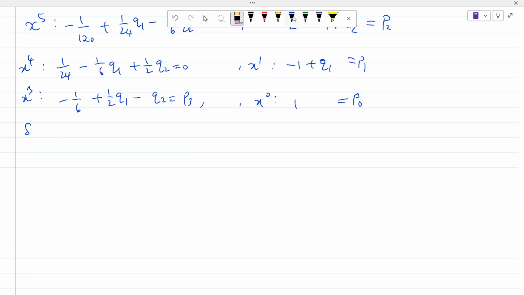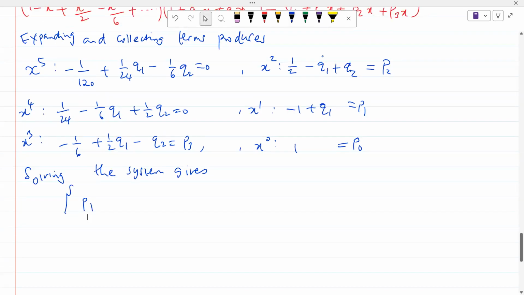Solving the system. We formed a system, but solving the system gives p1.